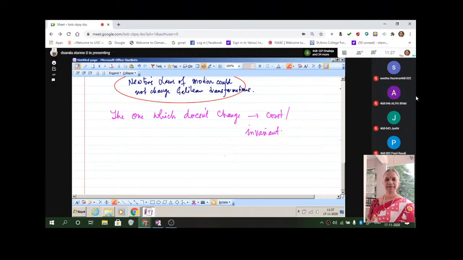What is important now here is, as long as the frames are not moving, these Galilean transformations are useful.